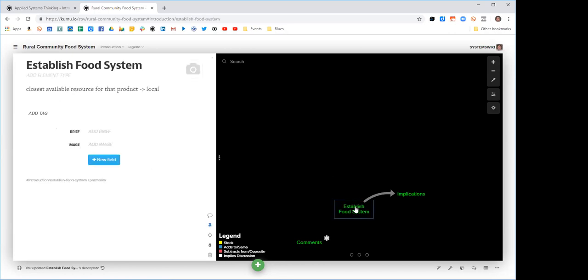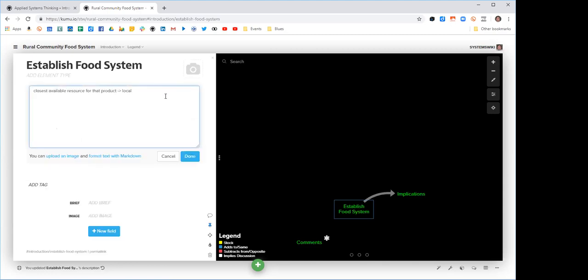Well, there's a couple. One is that we have a large corporate presence that provides substandard food and extracts the revenue that comes from that food so that it's not put back into the community to improve the development of the infrastructure that would otherwise be there.